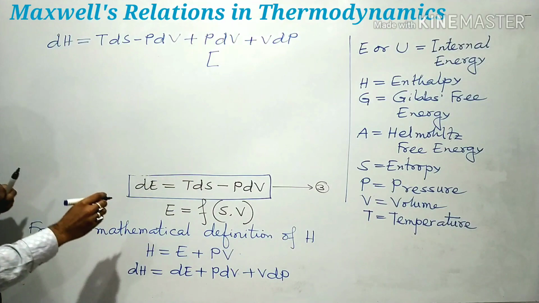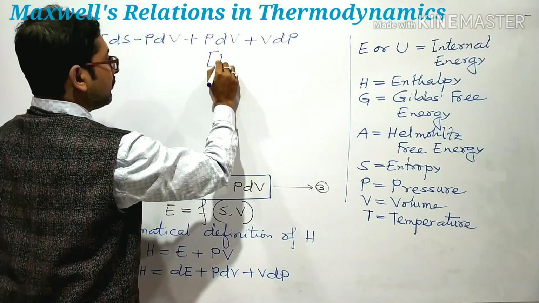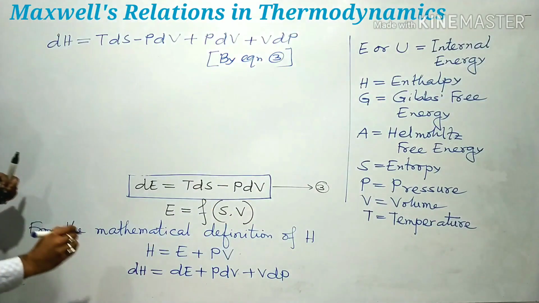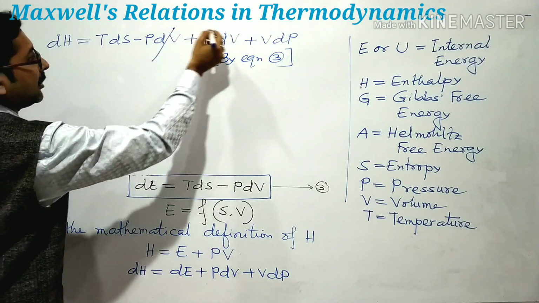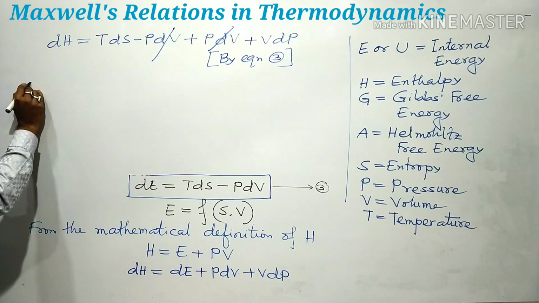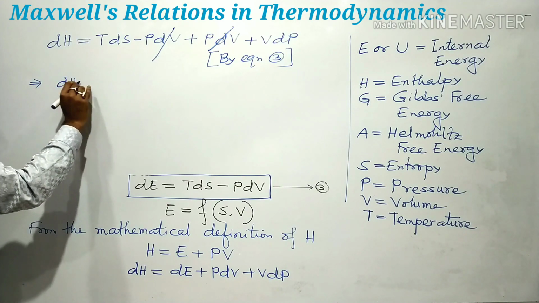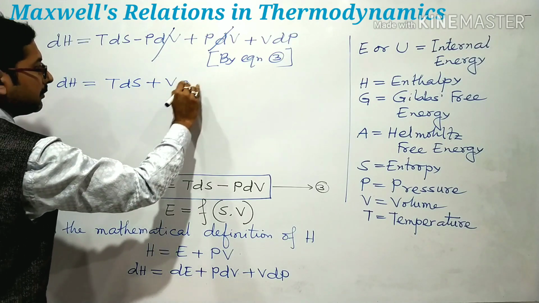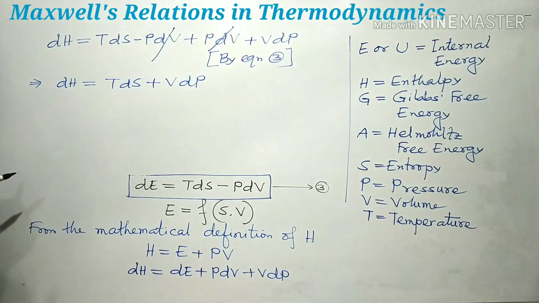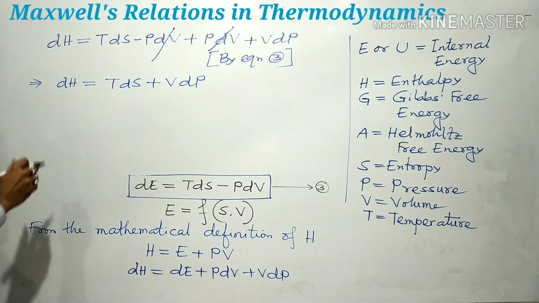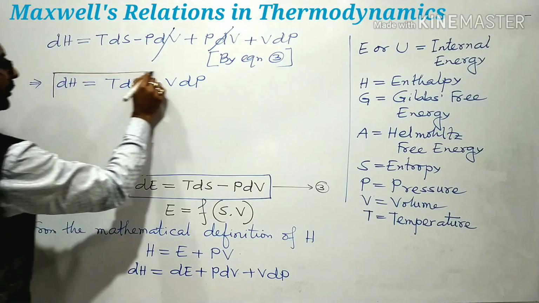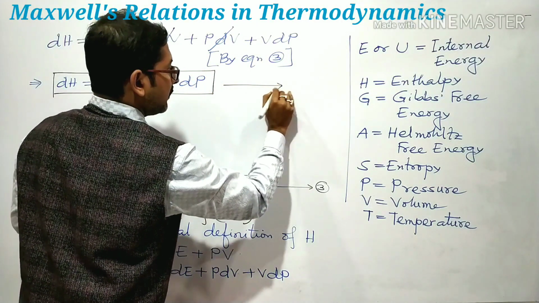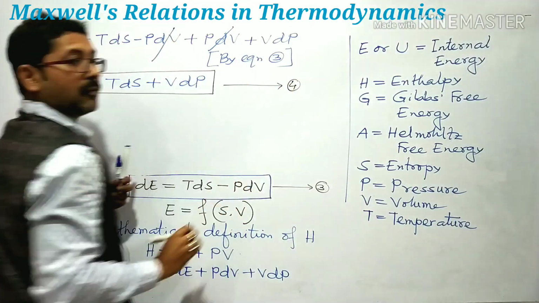Now cancelling out these two terms, we have dH equal to TdS plus VdP. This is also a very important relation, dH equal to TdS plus VdP. We can name this relation as equation number 4.